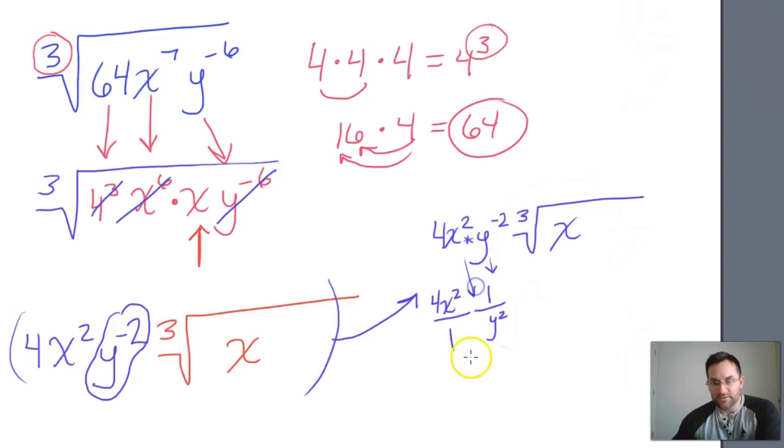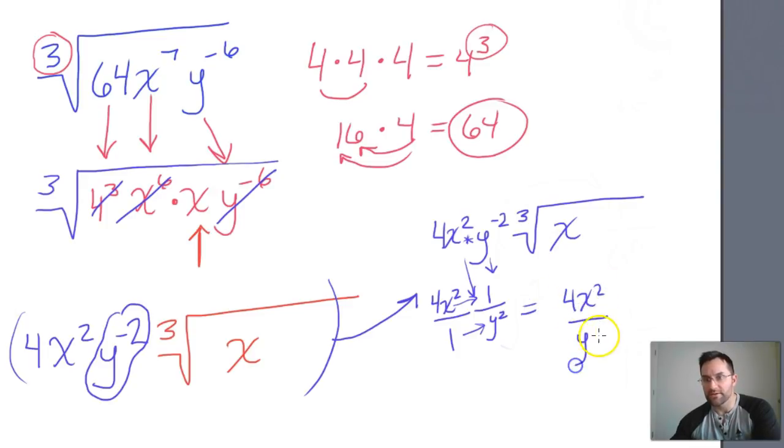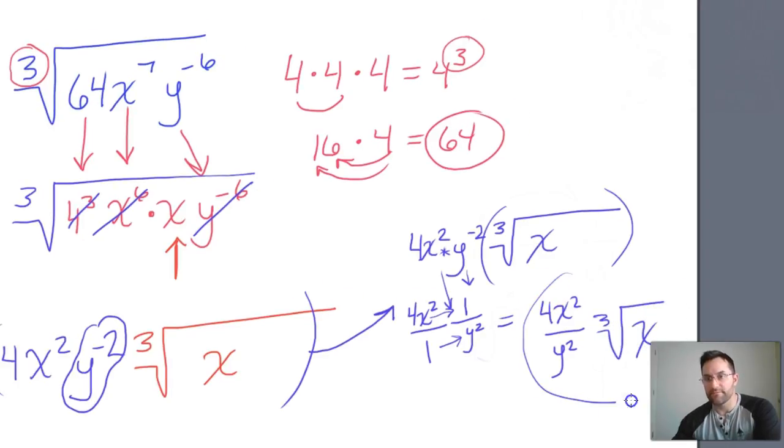So we're going to have to multiply these fractions. Well, we just go straight across, numerator to numerator, denominator to denominator, right? So 4x squared times 1 is 4x squared, 1 times y squared is y squared. So we end up with 4x squared over y squared times, we still got this bit here, we still have to multiply it by the cubic root of x, and we are finished.